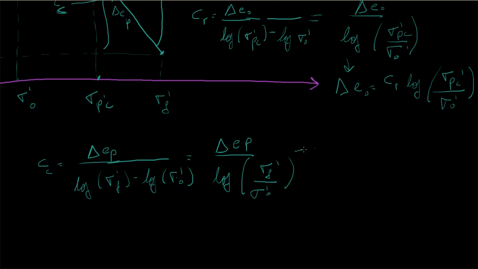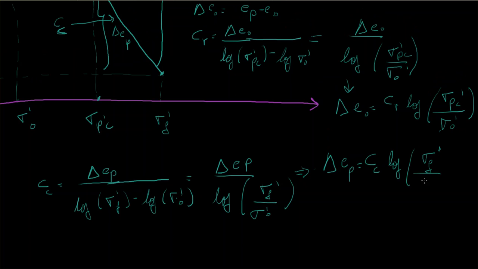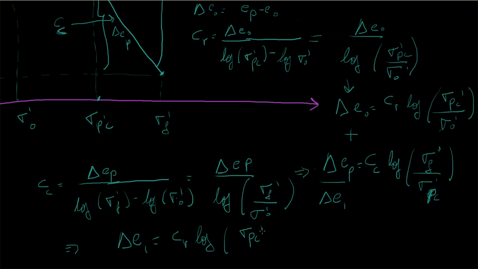Therefore, delta EP equals CC log sigma final over sigma PC. So now if I add this plus this, I get delta E1. Therefore, delta E1 equals CR log sigma PC over sigma naught plus CC log sigma final over sigma PC.